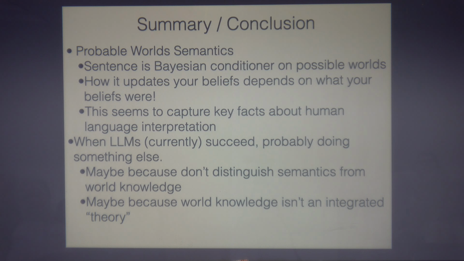Now, of course, it is possible that what's going on here is LLMs just don't distinguish semantics from world knowledge, and because of that, when we update the world knowledge, things fall apart. It could be that the world knowledge isn't an integrated theory. So here I'm thinking a little bit about a knowledge base, which is something people in AI used to work with. It's a collection of facts.